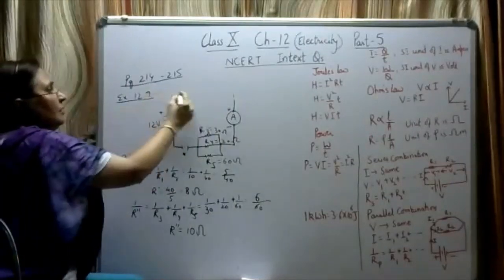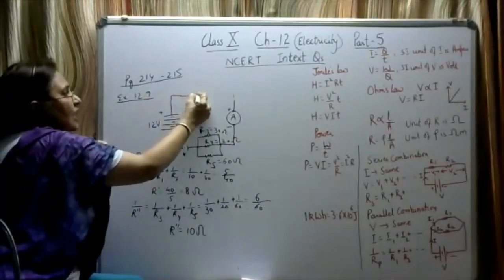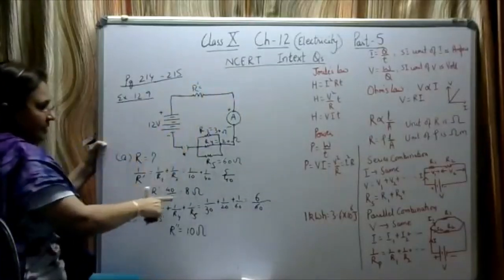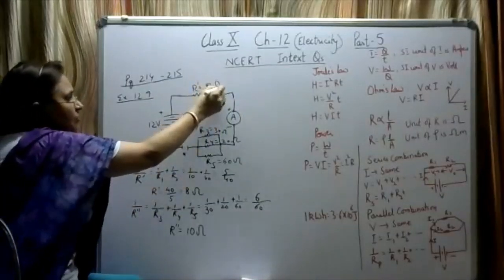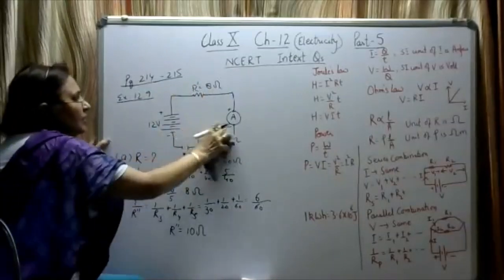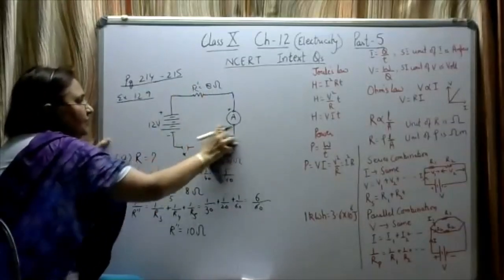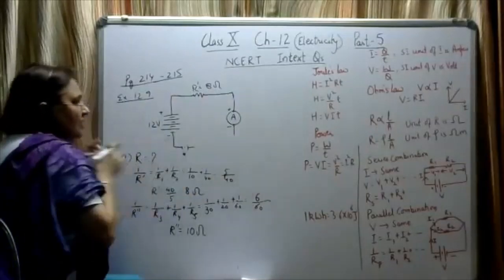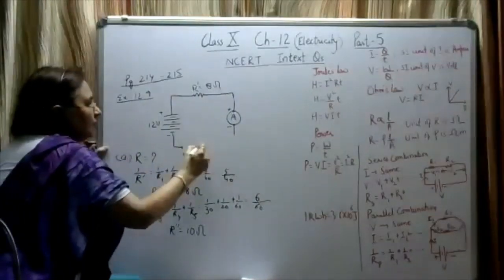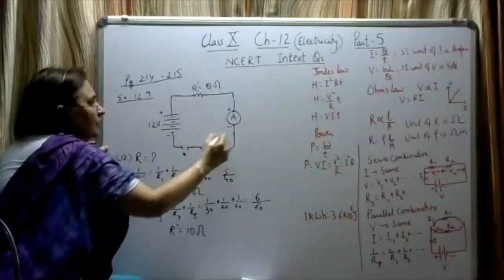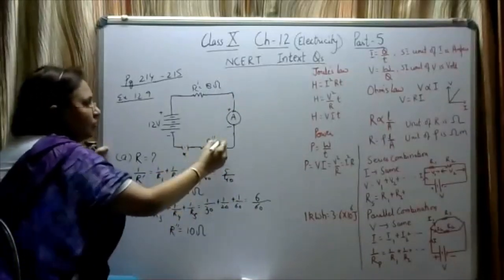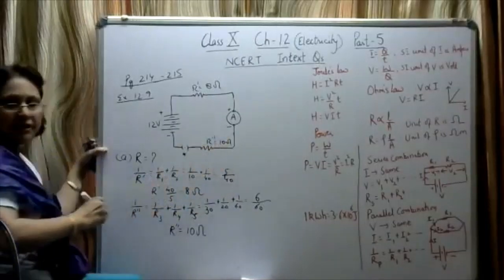Now, in place of R1 and R2, the equivalent resistance is R dash, and here R dash is equal to 8 ohm. Instead of R3, R4 and R5, we can draw only the equivalent resistance, which is R double dash, equal to 10 ohms.